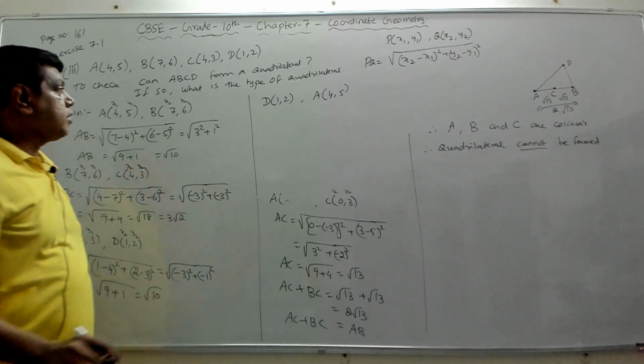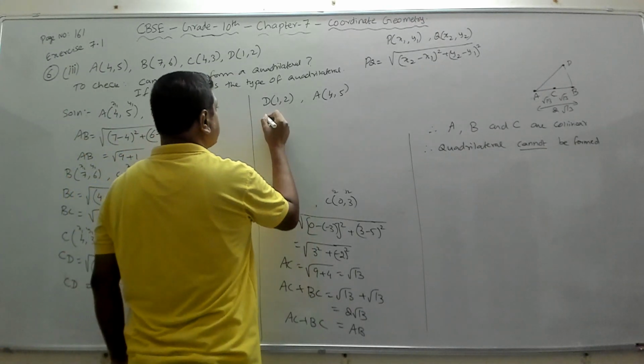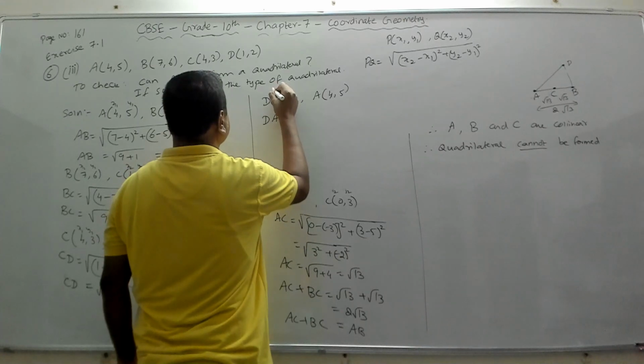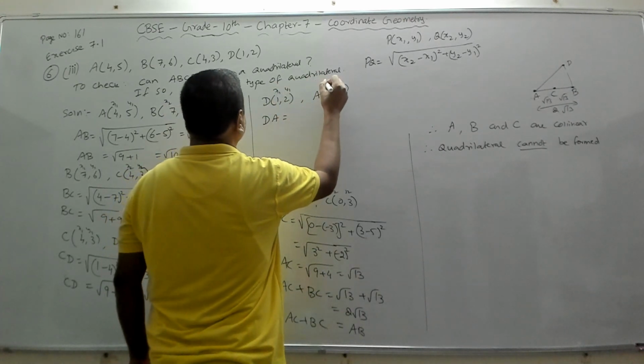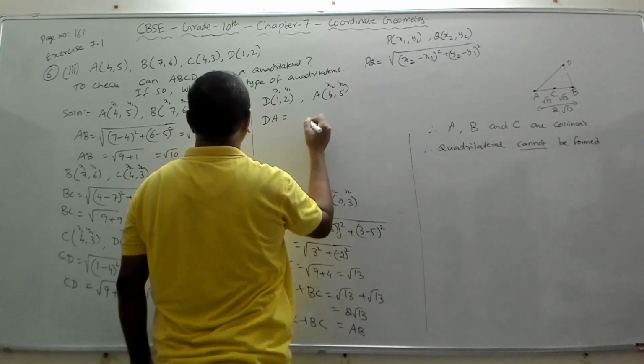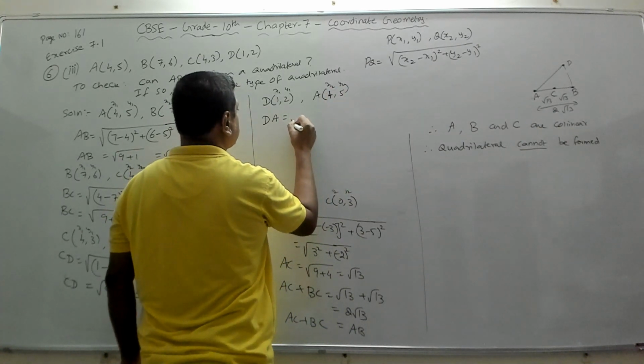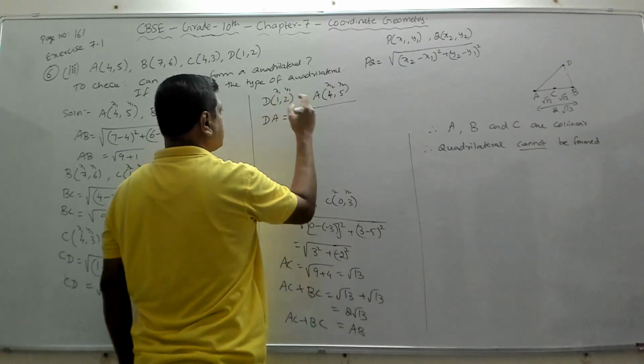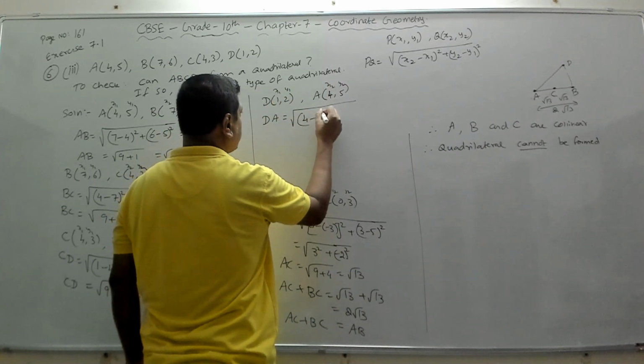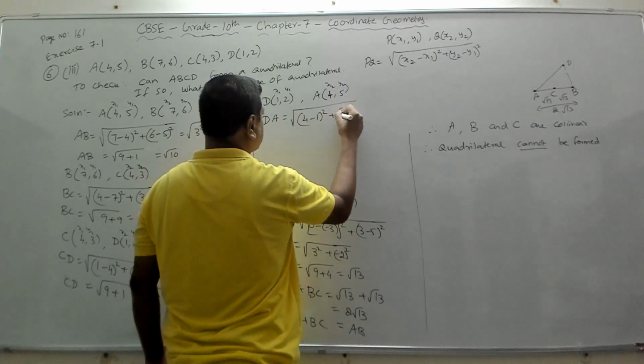Now let's find our distance. So DA will be equal to, this is x1, y1, x2, y2. Let's substitute: square root of (x2 minus x1) the whole square, so 4 minus 1 the whole square plus 5 minus 2 the whole square.